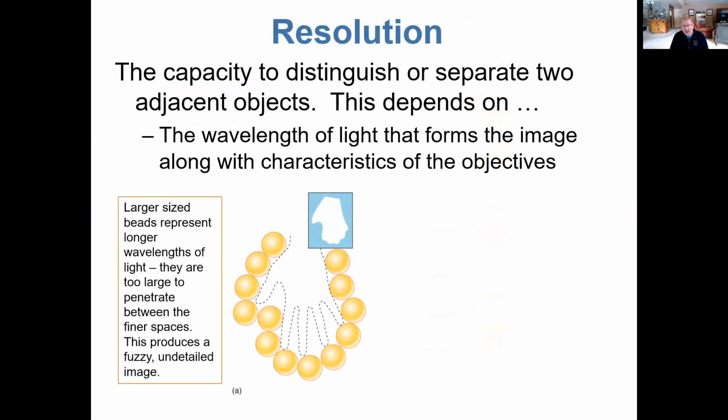Resolution is another important aspect of microscopy, this ability to see detail. And the book describes this by asking you to envision the utilization of longer wavelengths of light, as evidenced by the larger yellow circles here that outline the periphery of one's hand.